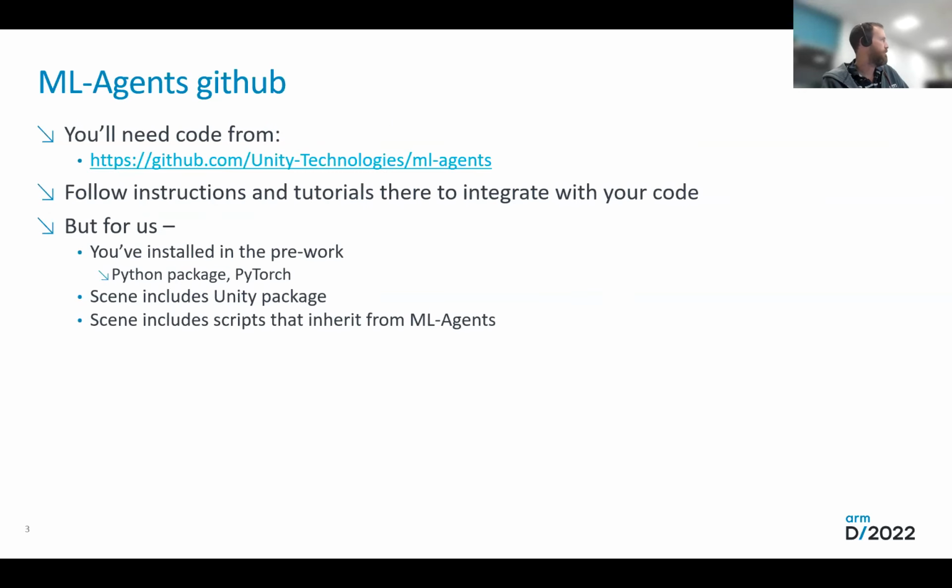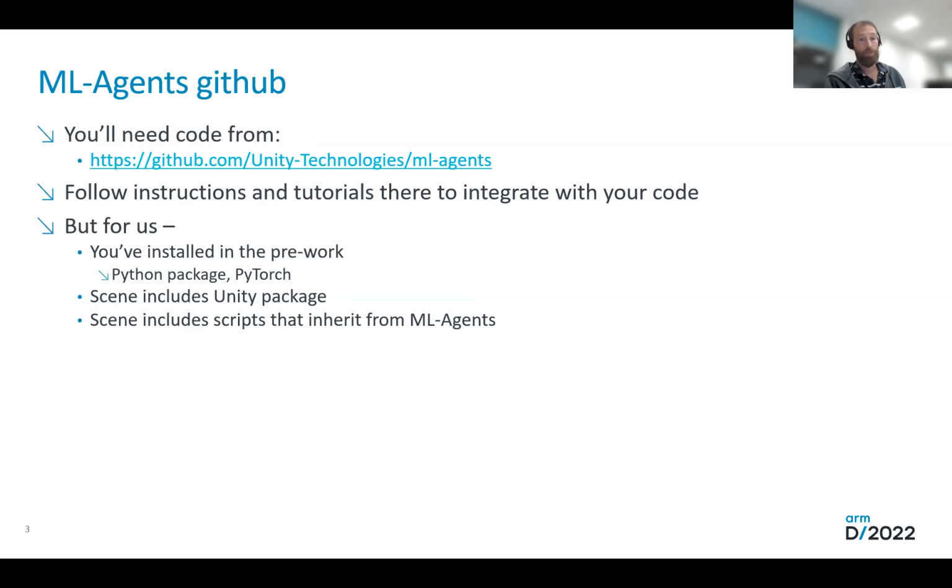So this is what you would need to do if you started from scratch. The background work and the scene have done this for you already. But if you're starting a project from scratch, you would need to go to the ML Agents GitHub. It's nice and easily found on GitHub: Unity Technologies ML Agents.